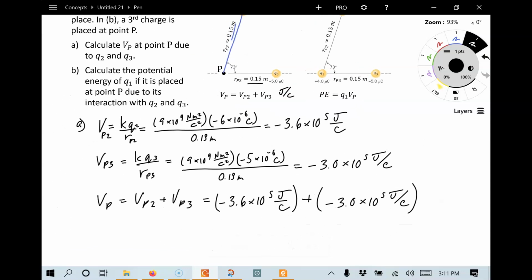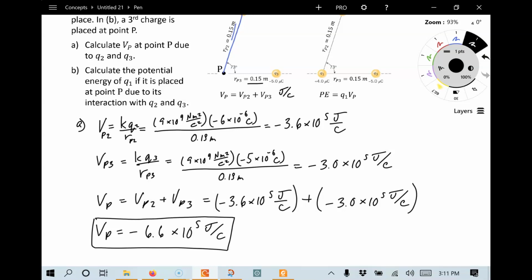And when we add those together, we get an answer equal to minus 6.6 times 10 to the 5th joules per coulomb.